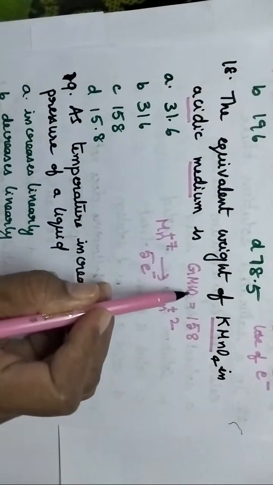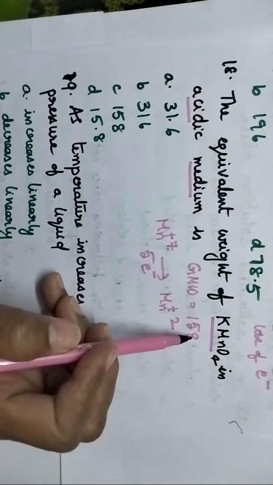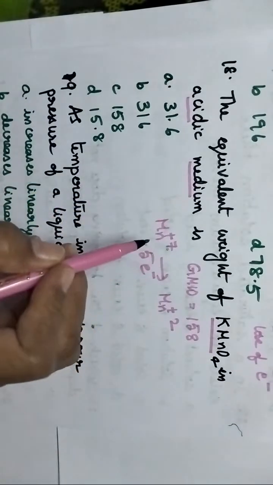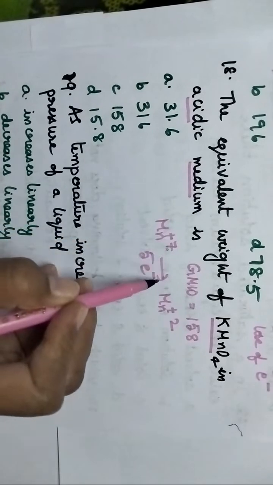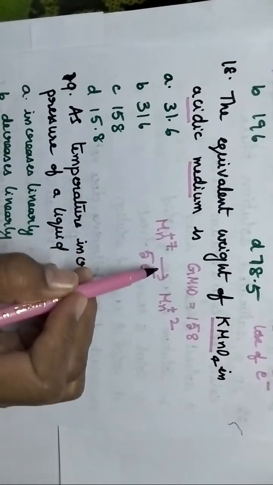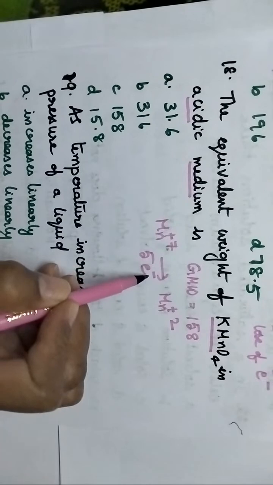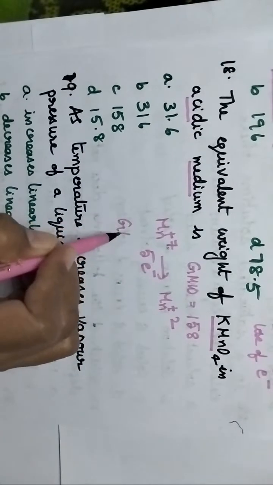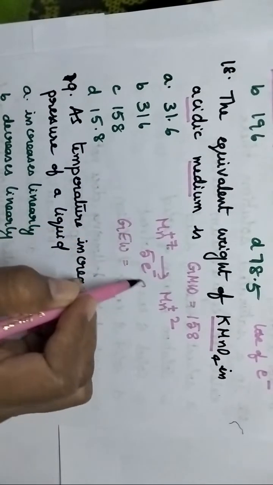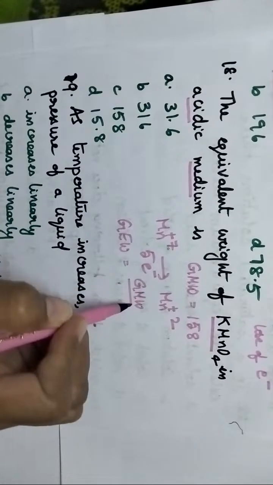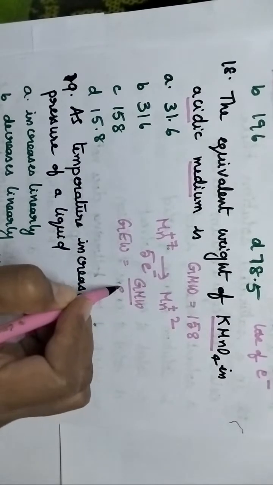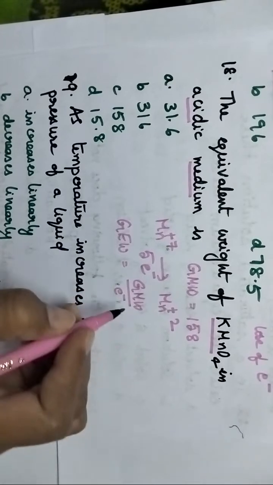What is the gram molecular weight of KMnO4? 158. In acidic medium what happens? Mn+7 is converted into Mn+2. So how many electrons are gained? 5 electrons. So gram equivalent weight is equal to gram molecular weight divided by the number of electrons gained.